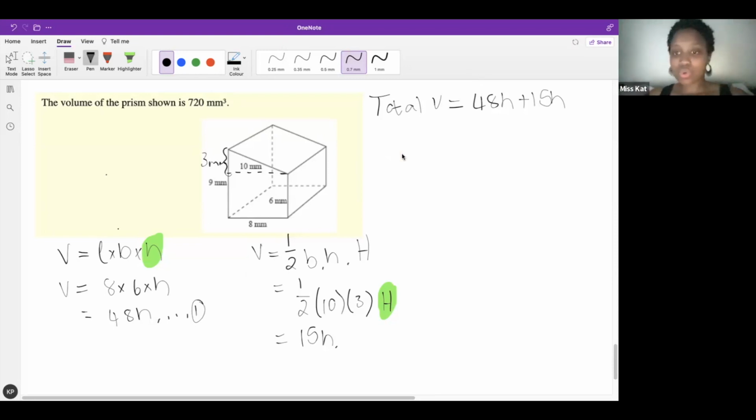Nice, Abu. Equals 720. So then 720 equals 48H plus 15H. Who knows how we're going to solve this? Does anyone have an idea? Add the like terms. Nice. So what's 48H plus 15H?